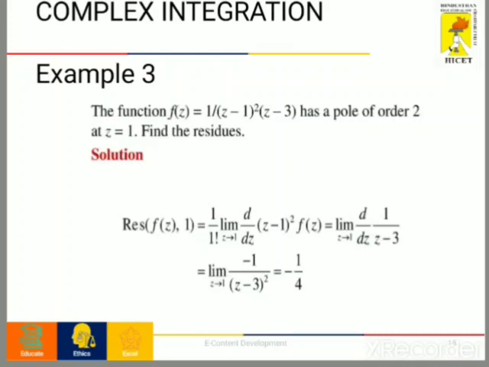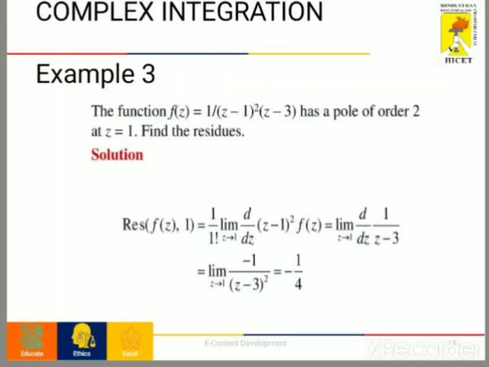Here z equal to 1, z equal to 3 are 2 poles. But the question is we have to find out the pole at only the point z equal to 1 whose order is 2. Therefore residue of f of z equal to 1 by 1 factorial limit z tends to 1 d by dz of z minus 1 the whole square into f of z.